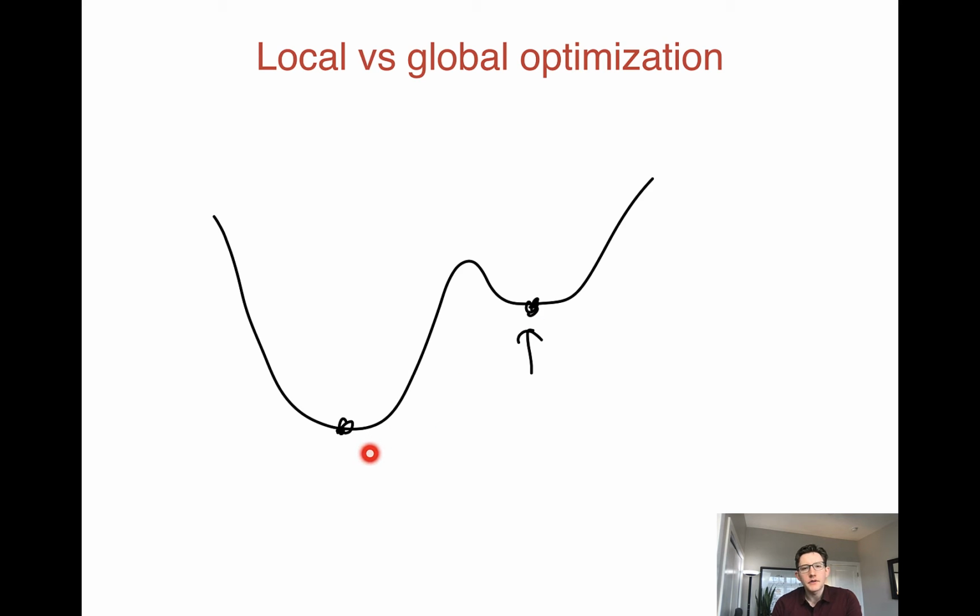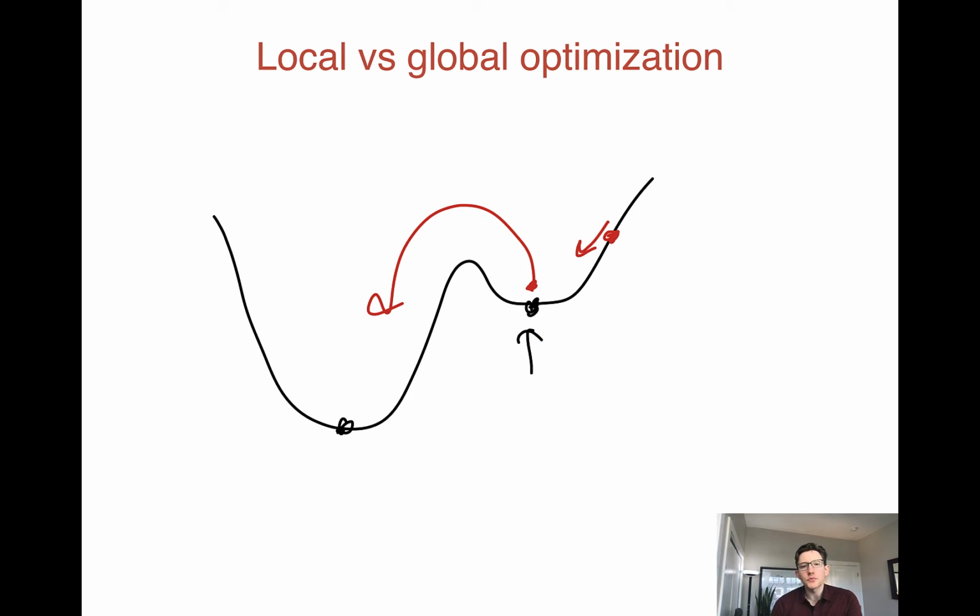Generally, looking for global optima is much harder, and the reason for that is a lot of the local search-based methods are going to start at some point and iterate from there, but if they end up in some local optimum, they tend not to have methods to jump and find some other point elsewhere on the parameter space that's better. So most of the methods that we're going to talk about simply aim to look for local optima.